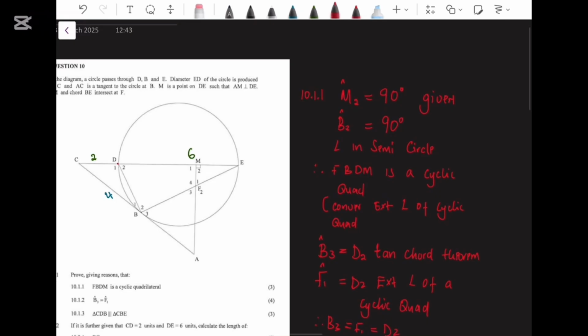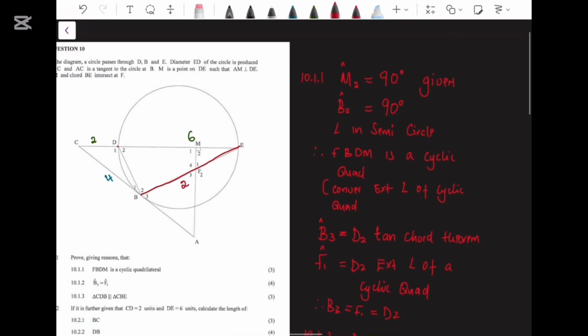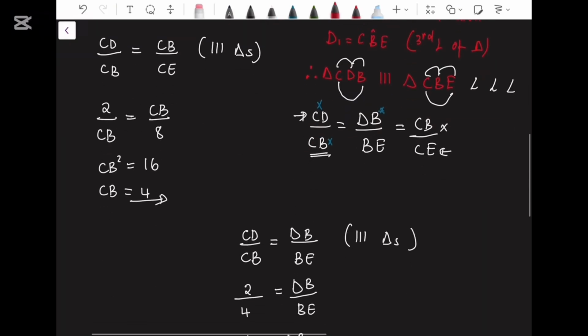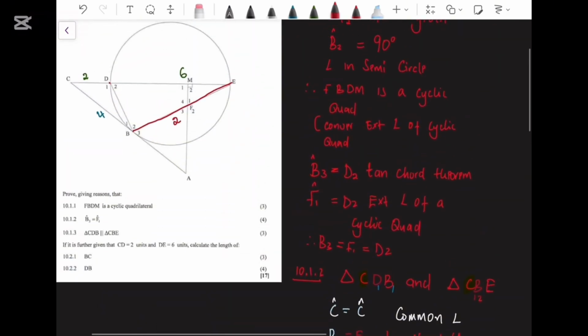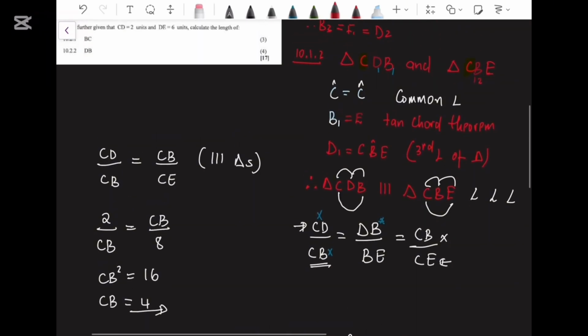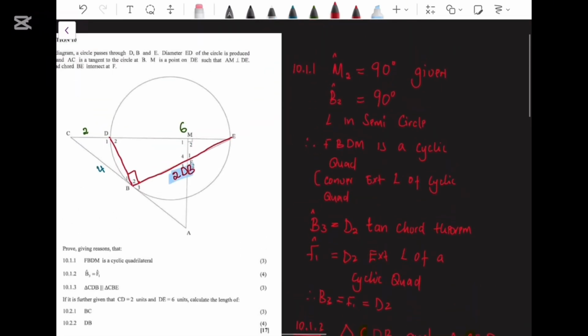This length here can be written as 2DB. And remember, we want to calculate this BD. Now, if you look at this triangle, remember we said here we have 90 degrees. Here is another BD. We can use Pythagoras theorem to calculate BD. So now let me erase here for the space.